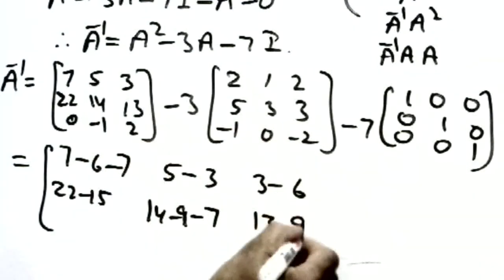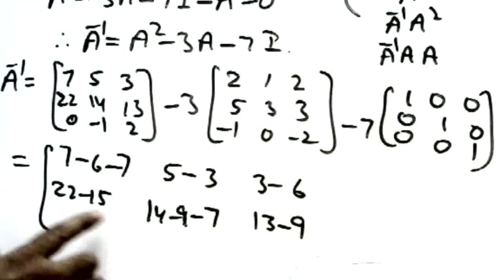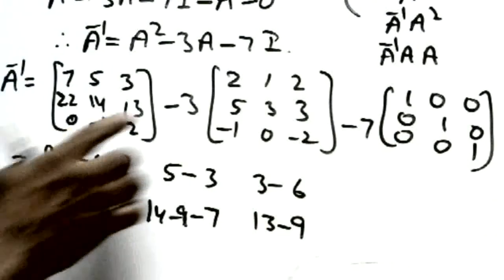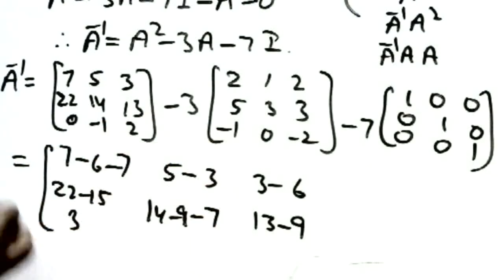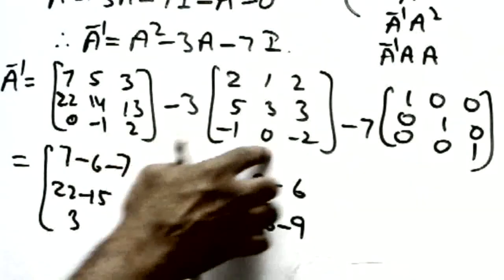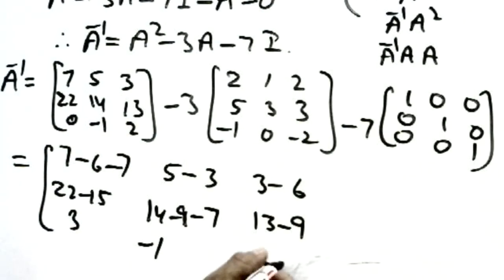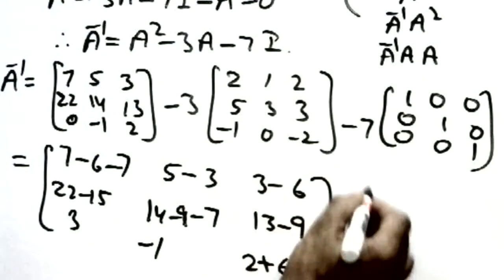Now here 13 minus 3 threes are 9 minus 3 threes are 9, that is 0, leave 0. Now lastly here 0, again 0. Now minus 1, 0, 0. The last is 2 minus 3 to the 6 minus 7.